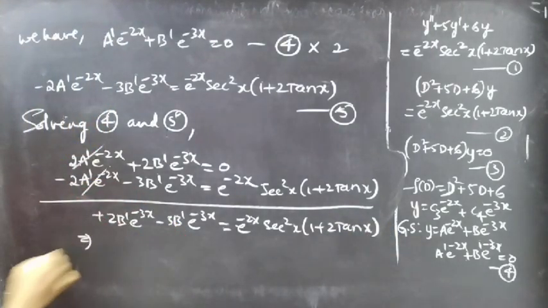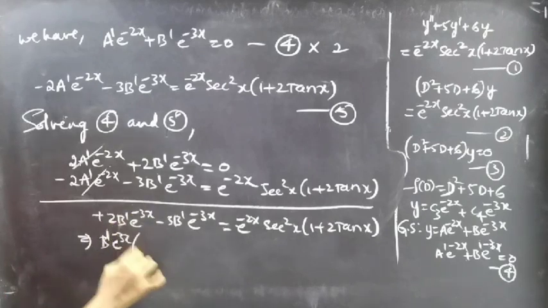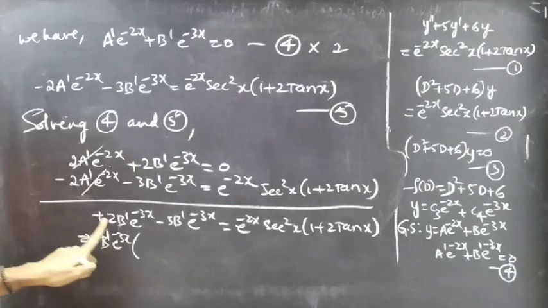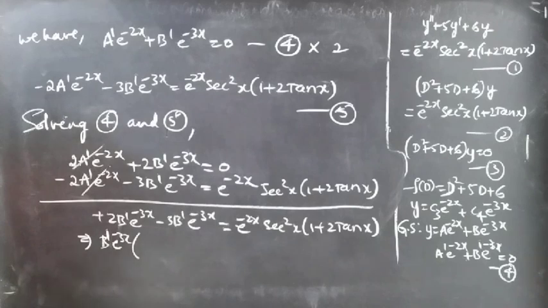This gives us b dash e power minus 3x of plus 2b dash e power minus 3x minus 3b dash e power minus 3x is minus b dash e power minus 3x.